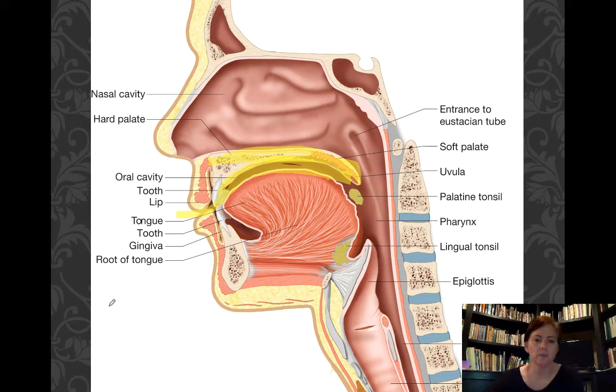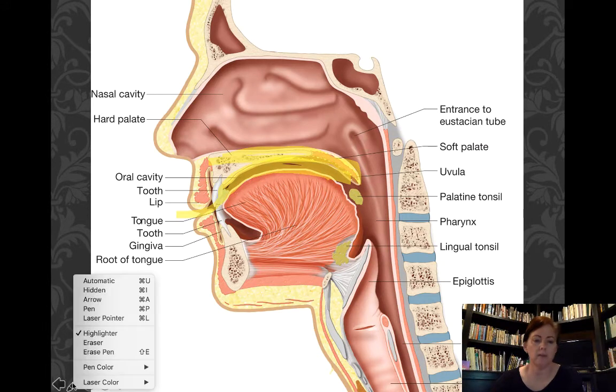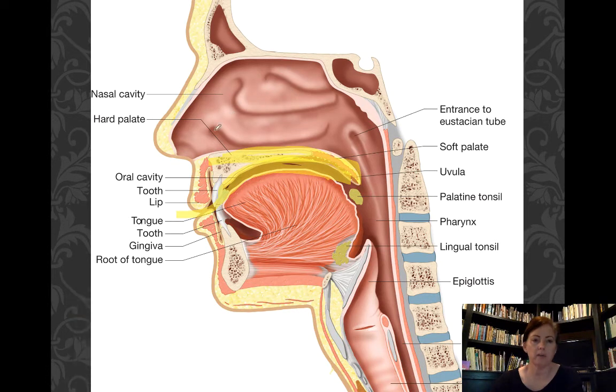It's important to remember that the anterior aspect of the palate is called the hard palate or the bony palate, and that's because it's formed from bone. And then the posterior aspect of the palate, back here, is going to be the soft palate because it's soft tissue, it's not bony.